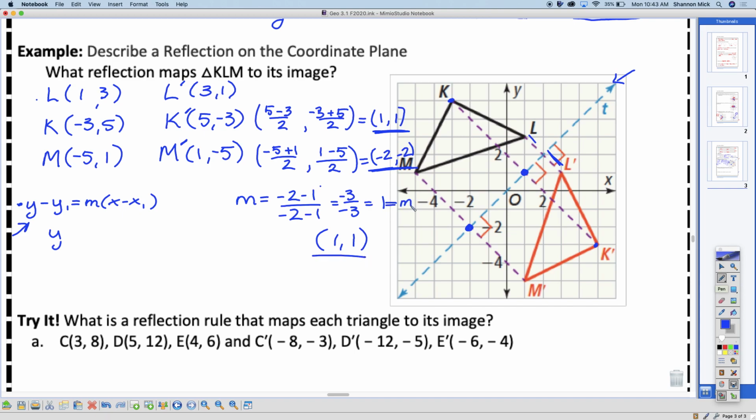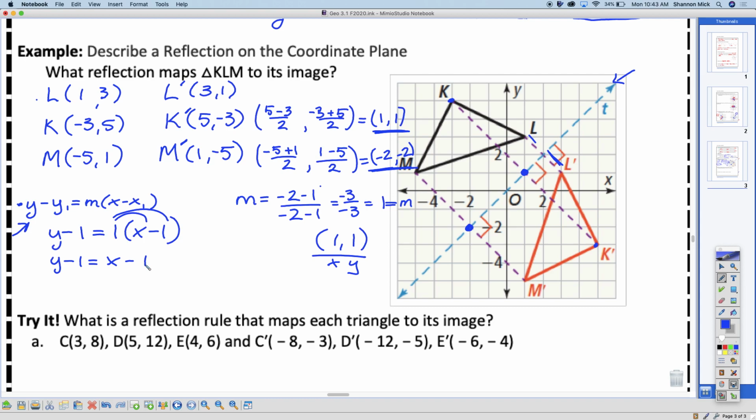Okay, so y minus what? 1 equals, what's my slope? 1 times x is just x minus 1, because this is x, this is y, correct? Distribute the 1. So I have y minus 1 equals x minus 1.